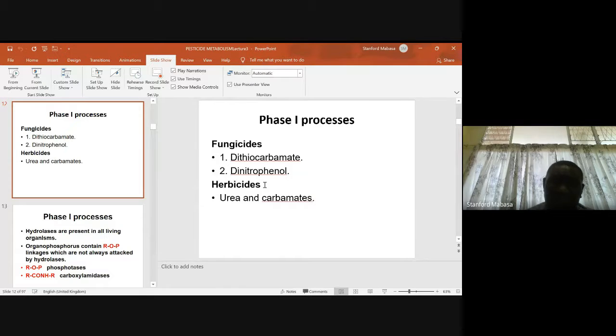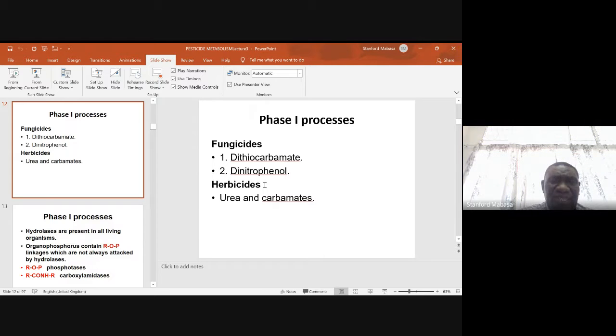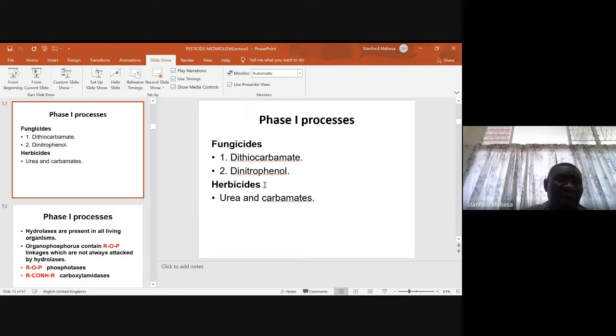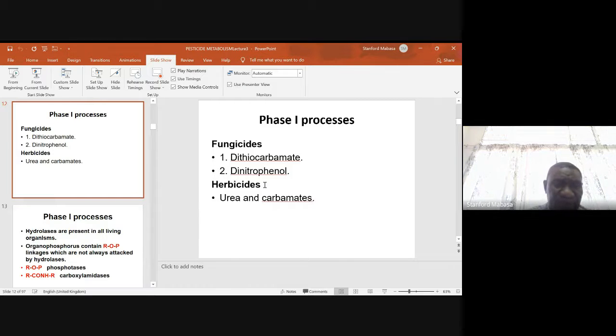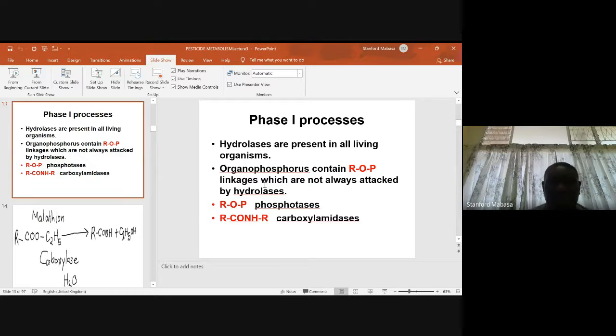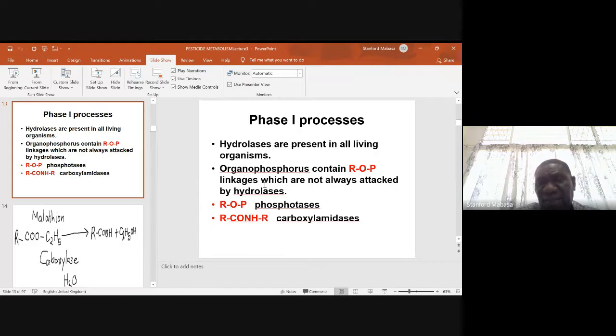These can also succumb to hydrolysis. Then we have got the herbicides, urea and carbamates. They can also be broken down by hydrolysis. So hydrolases are present in all living organisms.